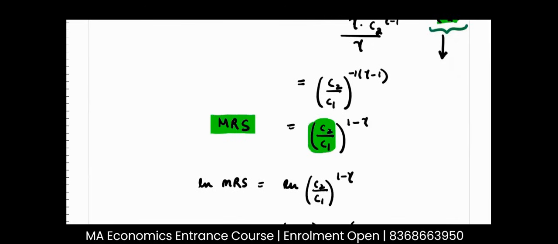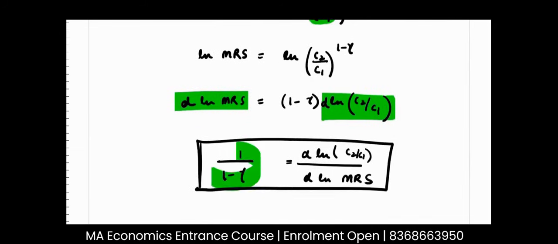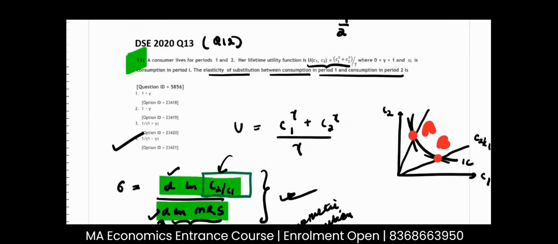So when I took log, I already had both things with me, and I just manipulated it a bit and got the answer. So I don't literally have to find C2 by C1 and MRS and divide. I just have to find MRS, see that it will be a function of C2 by C1, and solve for elasticity of substitution. So the answer is D.